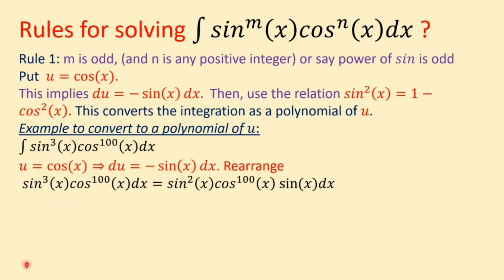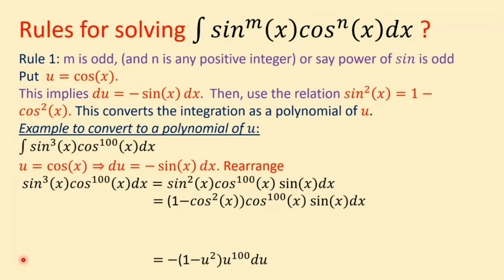The rest is as it is. Then sin square x, using this relation, can be written as 1 minus cosine square x, times cosine to the power 100x and sin x dx. This is because we are substituting u equal to cosine x, so we convert things in terms of cosine, and then sin x dx goes with du.